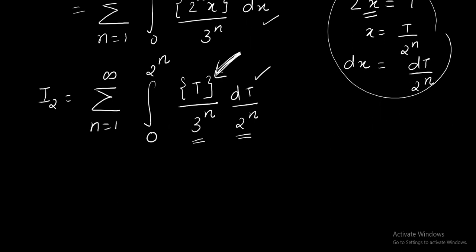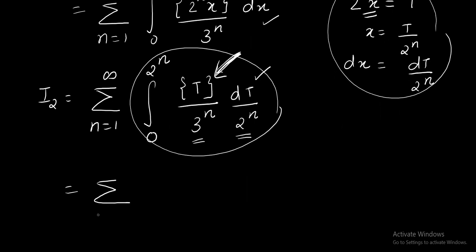Since it is a periodic function with period 1, I'm going to rewrite this whole integral as sigma n is from 1 to infinity, 2 power n shifted in front of integral sign, 0 to 1, fractional part of t will be replaced with now just t. Denominator 6 power n dt, right? This is what we are getting.